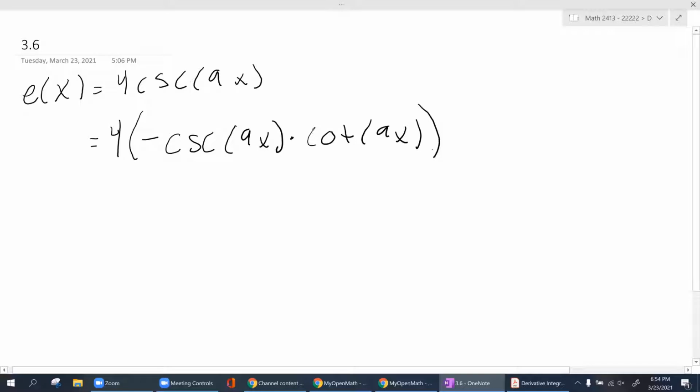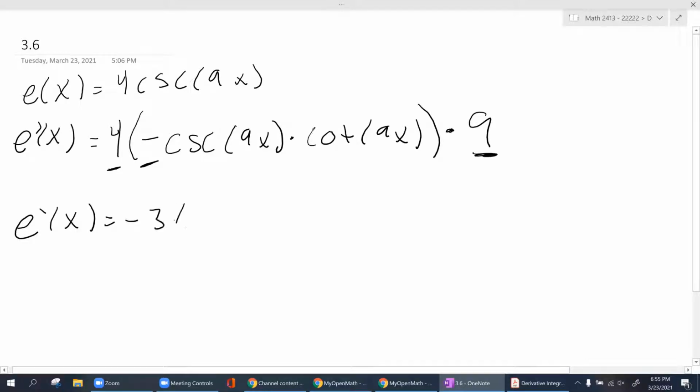That's the derivative for cosecant, times, let's not forget, because we're still doing chain rule, the derivative of the inside, which is 9. I'm then going to take this 4, this 1, and this 9, meaning E prime is equal to negative 36 cosecant 9x times cotangent 9x. That is the derivative for that function.